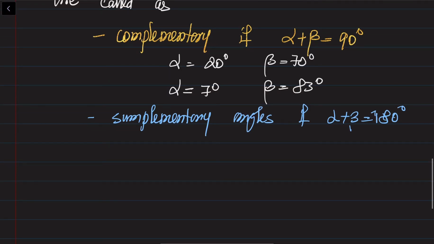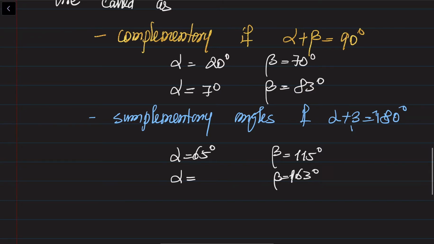For example, if alpha is 65 degrees and beta is 115 degrees, then their sum makes 180 degrees. And if beta is equal to 163 degrees, what is the supplementary angle of this beta? You would say this is going to be 7 degrees because their sum makes 180 degrees.